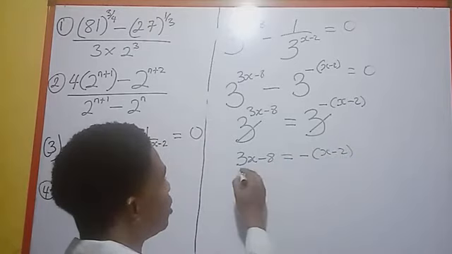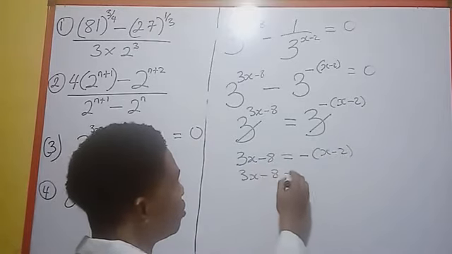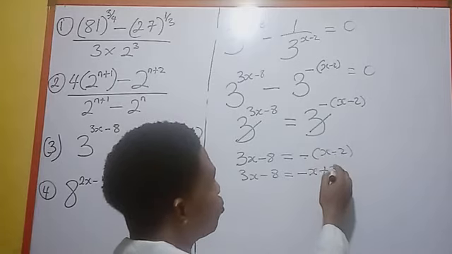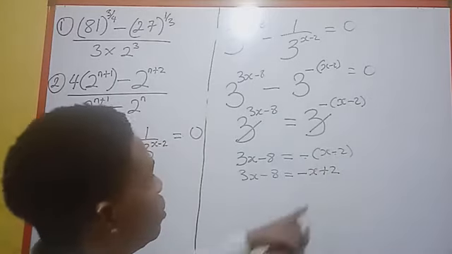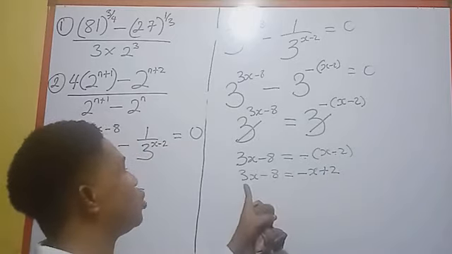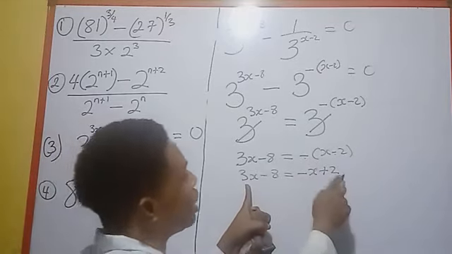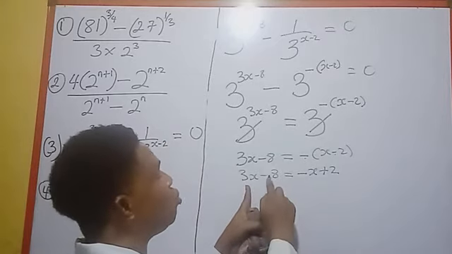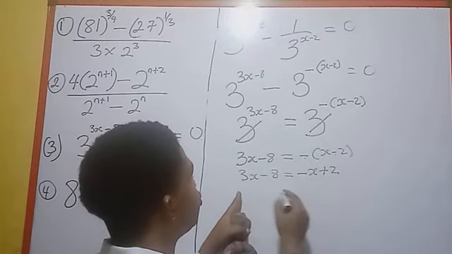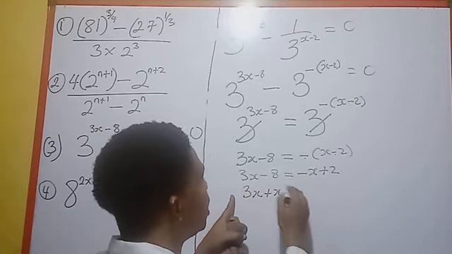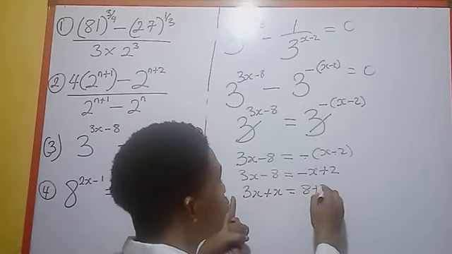Open the bracket, you have 3x minus 8 is equal to minus x, minus times minus is plus 2. Collect like terms. This minus x will come to this side. When you cross the equality sign, it will change to plus. This minus 8 will move to the other side. When you cross the equality sign, it will change to plus. So here will now be 3x plus x, and this side will now be 8 plus 2.